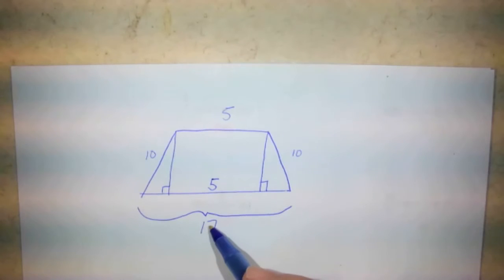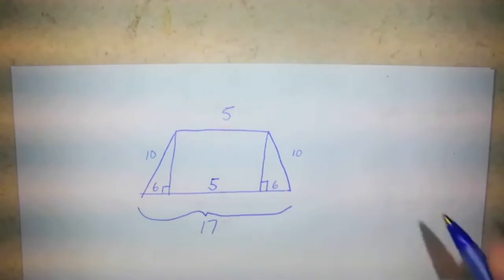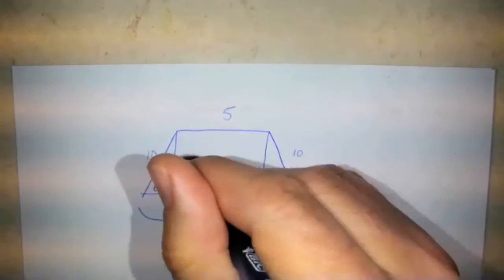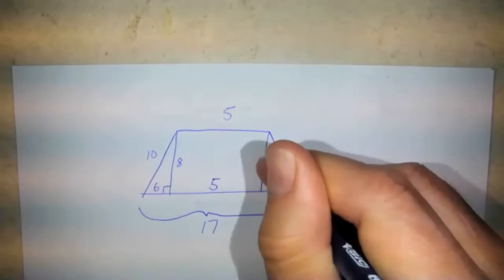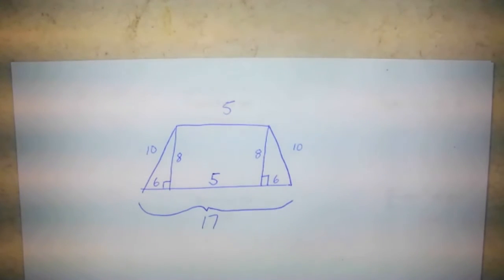And subtracting 5, I've got 12, meaning 6 of it goes here and 6 of it goes there. Okay. And now I see a 6, blank, 10 triangle without doing any work, without bugging Pythagoras. I would expect you guys to be able to put in 8.